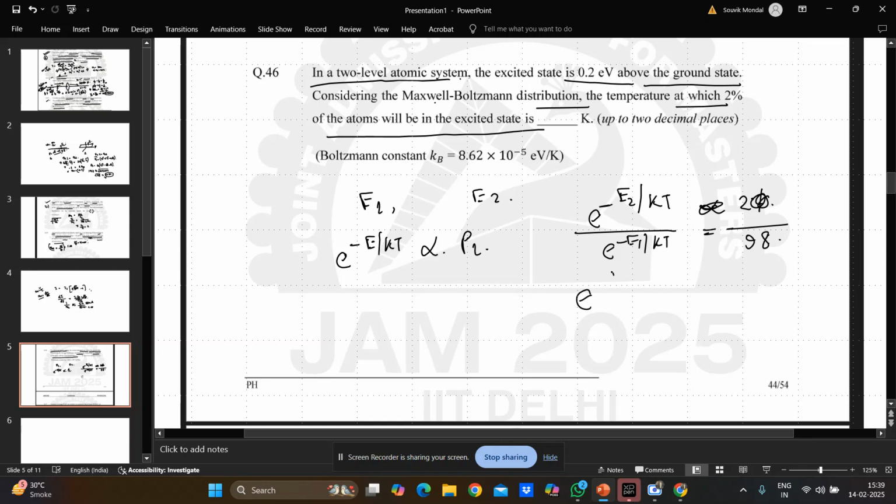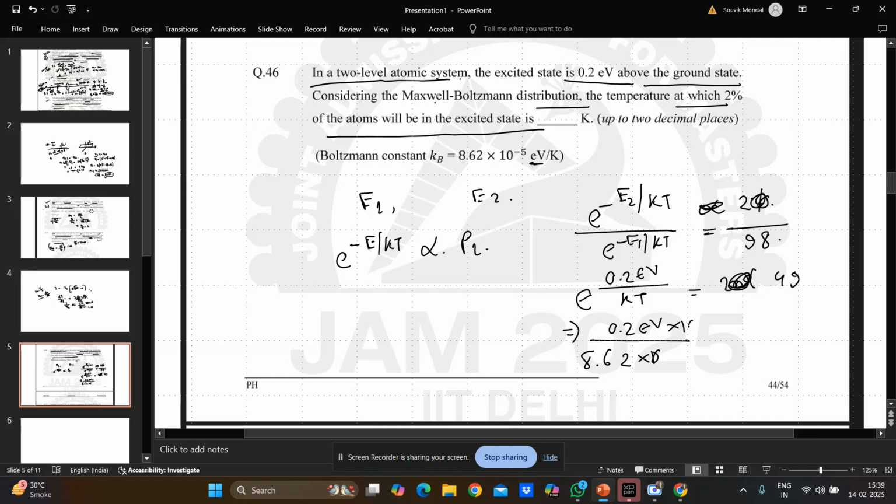So if you calculate, then e to the power 0.2 electron volt by kT is equal to 49, so it is log of 49. You are given 0.2 electron volt, and k in terms of electron volt is already given. So you don't have to do any hard work. k is already given in terms of electron volt. So electron volt will cancel each other, right?